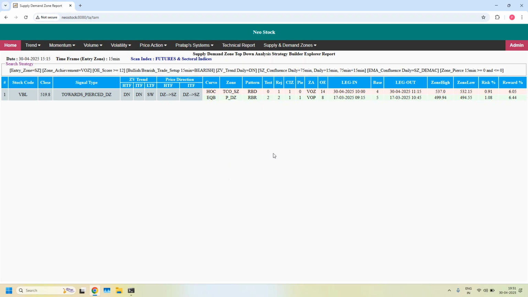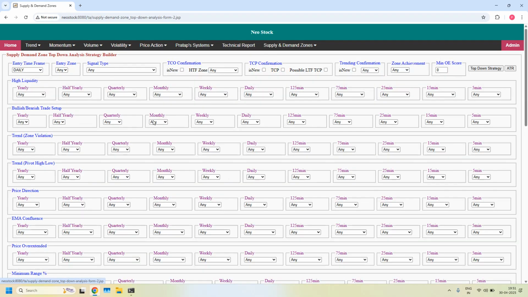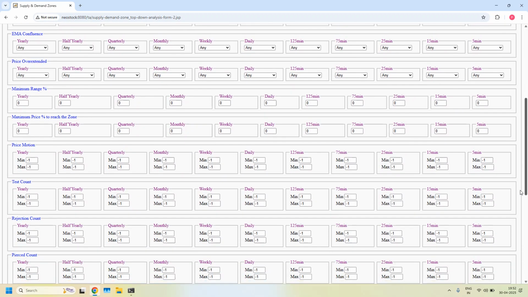Next we will generate hourly income trade stocks. For hourly income trade, bullish trade setup, entry time frame 5 minutes, entry zone, demand zone, bullish or bearish trade setup at 5 minutes entry time frame. I am selecting bullish. Zone achievement, violated opposing zone, minimum odd enhancer score 12, and also 5 minutes demand zone should not be pierced.